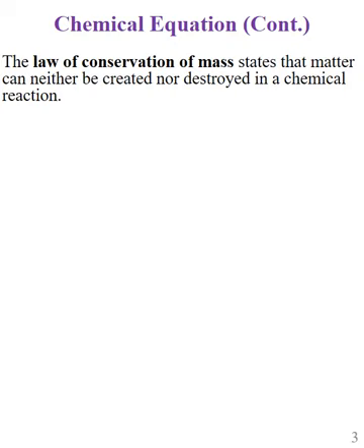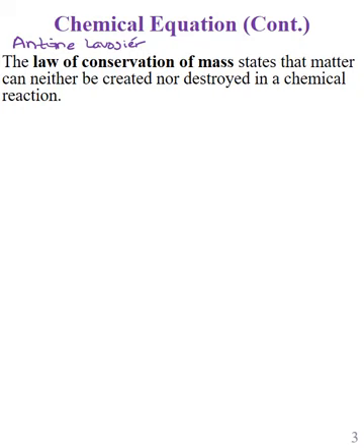Some other things that we need to think about when we're doing chemical equations is the law of conservation of mass. Who came up with this law? It was that French guy, Antoine Lavoisier. It states that matter can never be created nor destroyed in a chemical reaction.